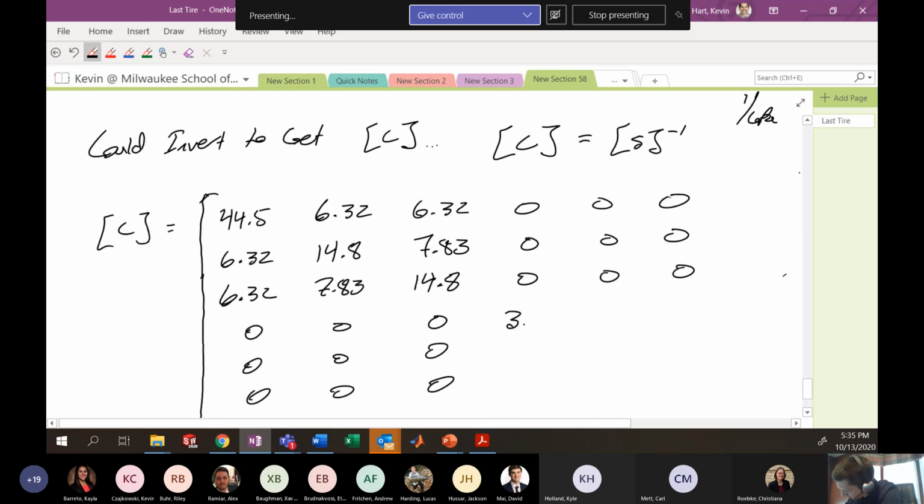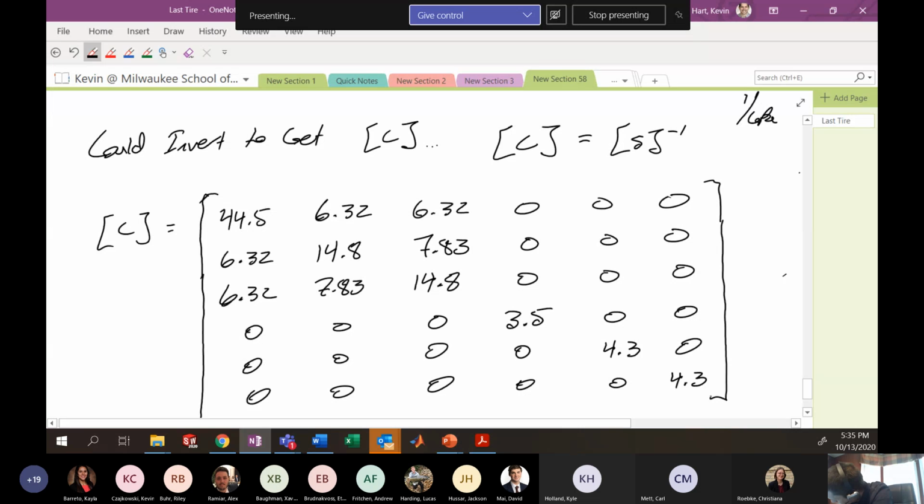And here we have 0.5. And we have 4.3. Units here are GPa. 4.3 GPa. Wow. You guys wish. It's not even possible.